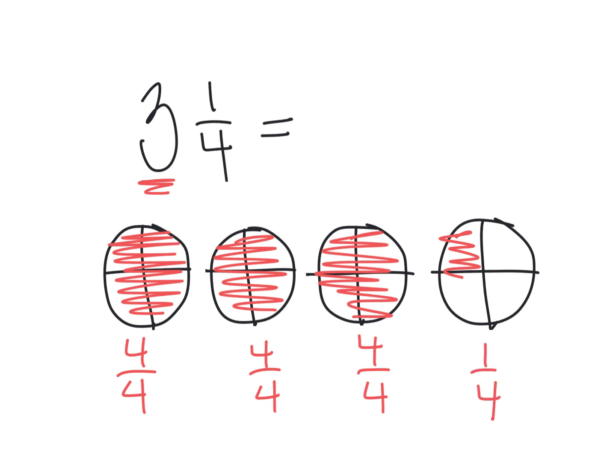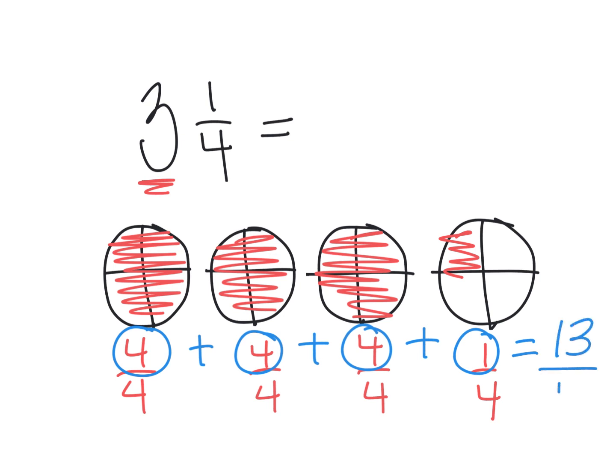So if I add up all of my numerators, I have 4 plus 4 plus 4 plus 1. 4 plus 4 is 8 plus 4 is 12 plus 1 is 13. So we would end up with 13 fourths.